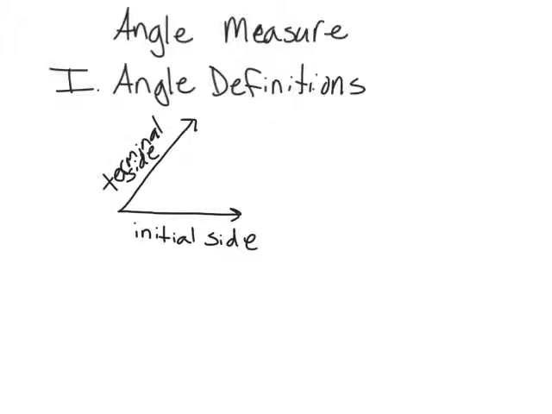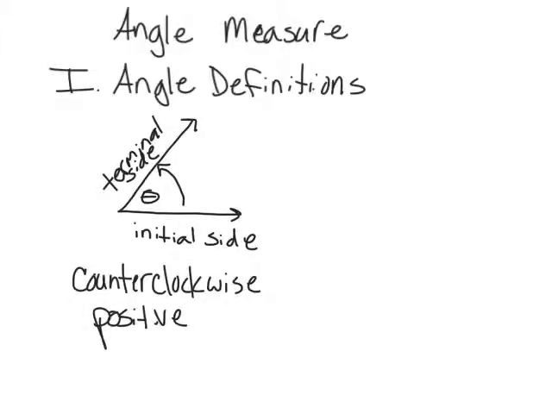We typically use theta to denote our angle, and when we start with the initial side and we move counterclockwise, that is a positive direction. So moving counterclockwise is going to be considered a positive angle measurement.